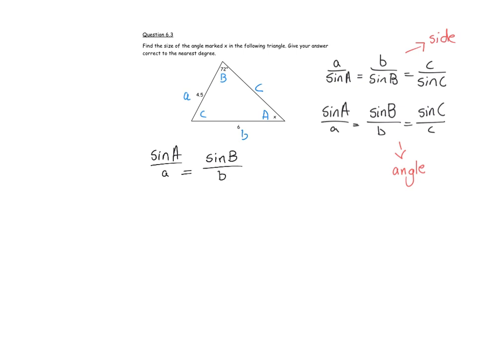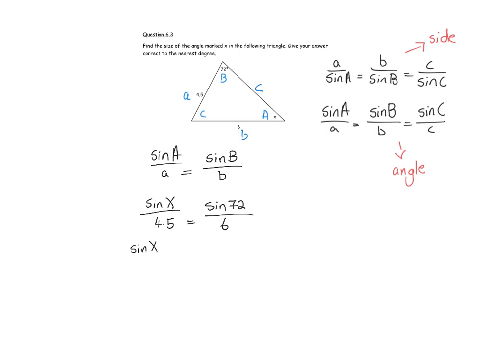Here then we can start filling it in. So we have the sine of x over 4.5 is equal to the sine of 72 over 6. We need the sine of x to be by itself, so we're going to multiply both sides by 4.5.